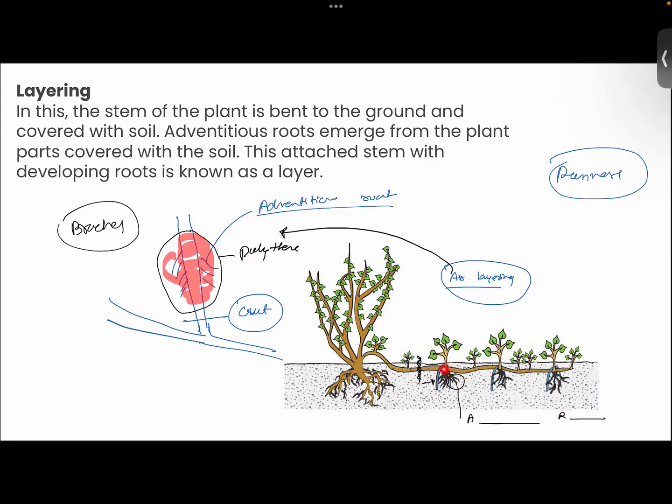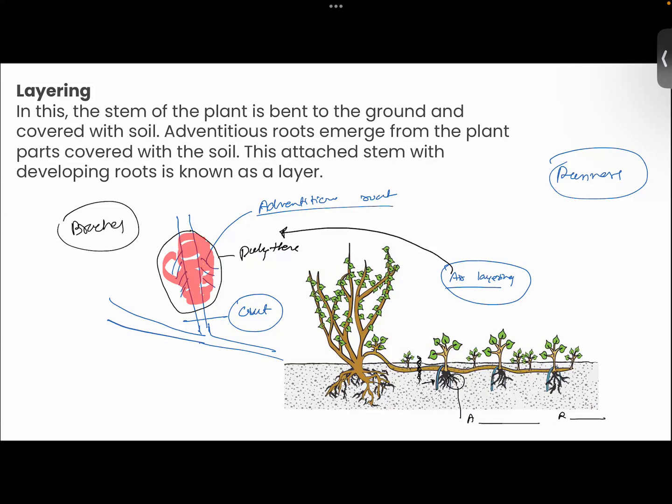So it's basically the same, but there is involvement of soil, only on the branch part which you're covering, right?